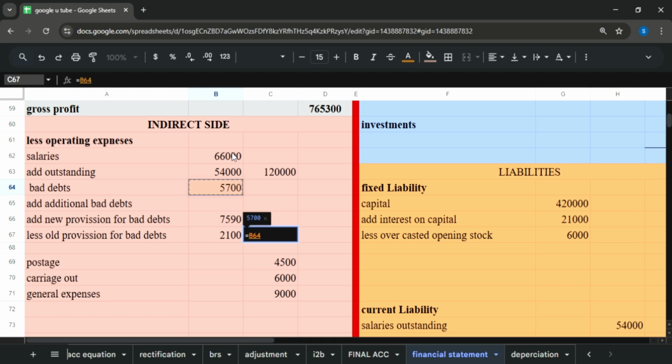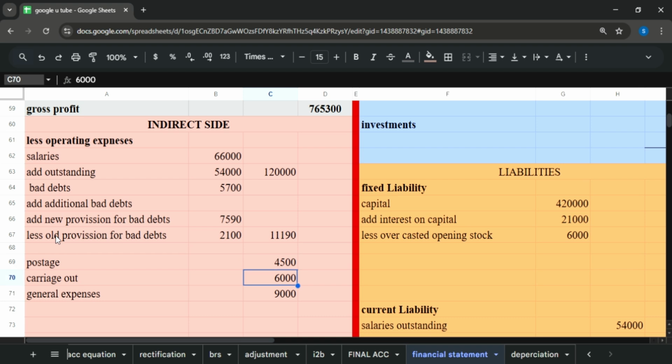First, bad debts. There are no additional bad debts, so you may write it 0. Then you will add new reserve, and then you will subtract old provision. Please note it down. First three amounts are being added: bad debts, additional bad debts, new provision, and you have subtracted old provision. So final answer we have got over here.